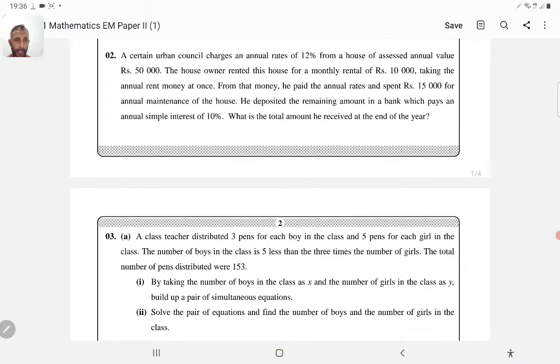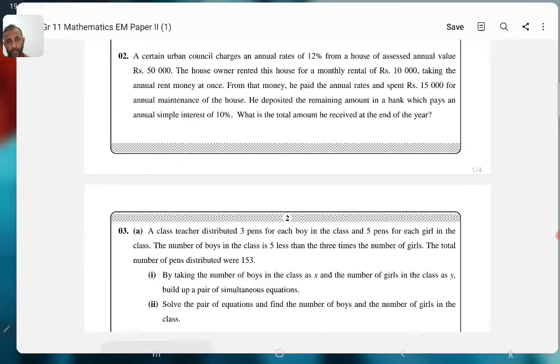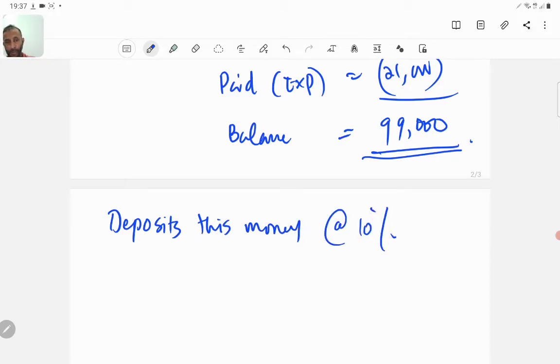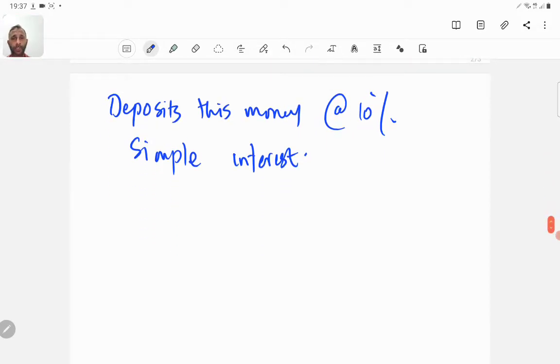Now what do they say? He deposited the remaining amount in a bank which pays an annual simple interest of 10%. So he deposits this money at 10% simple interest. Then we will calculate the interest income. I is equal to PTR over 100, an equation all of us know.